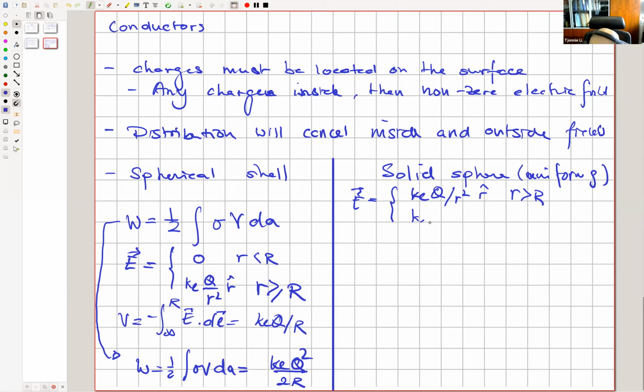Of course, if we are inside, when r is smaller than big R, then we have the proportion that is associated with small r, and then r hat.